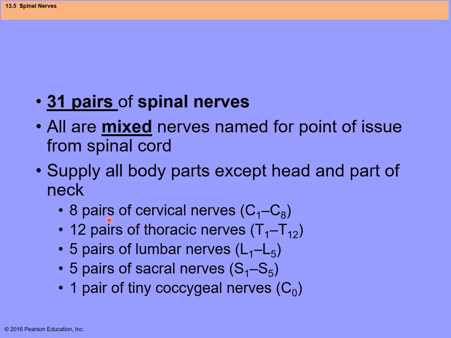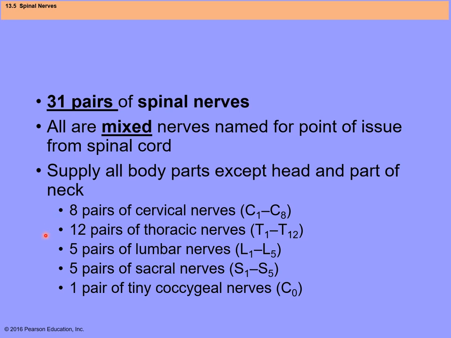So you're going to have 8 pairs of cervical nerves because you have 7 cervical vertebrae. At the top there, the first C1 nerve comes out above the C1 vertebrae, and then you have one that comes out underneath it. So you have 8 pairs of cervical nerves.